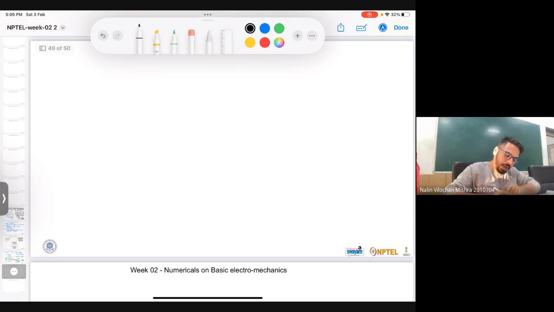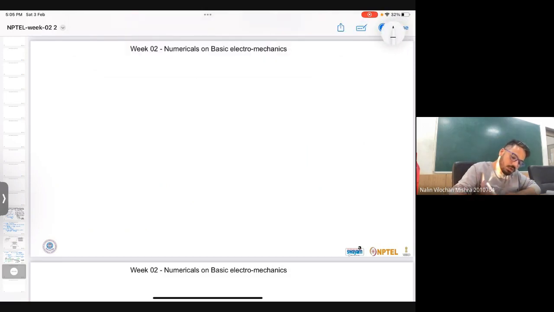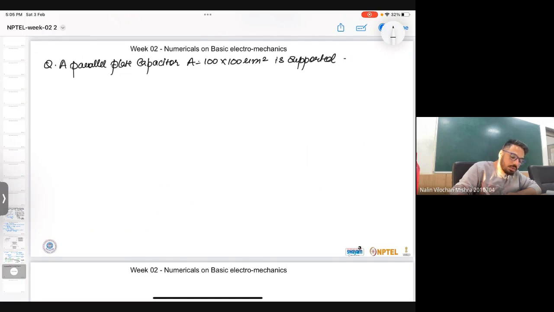Okay, next question we have a parallel plate capacitor with area 100 cross 100 micrometer square supported by 4 cantilever beams.